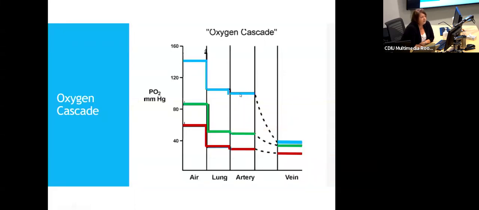It then needs to have some way of transporting itself down through the body, through the capillary system, into the tissues, and exchange till you get down into your venous system, at which point the PO2 in your venous system is about 40 millimeters of mercury, more or less. All right, so that's the way it normally works.